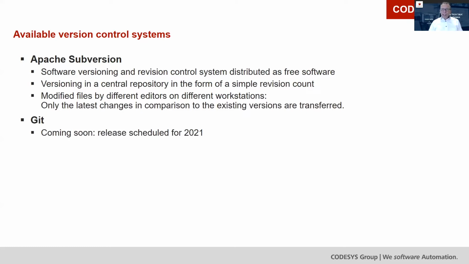This is one reason why it's not yet released, because it's some work to realize that Git implementation too. However, talking about Subversion today, and in the near future, next year, you will be able to work with Git.